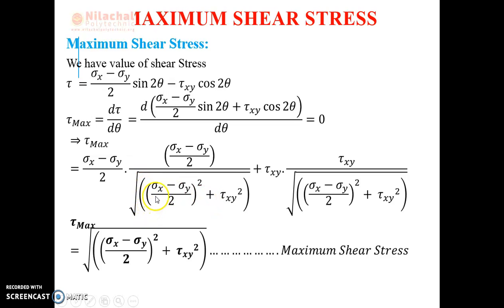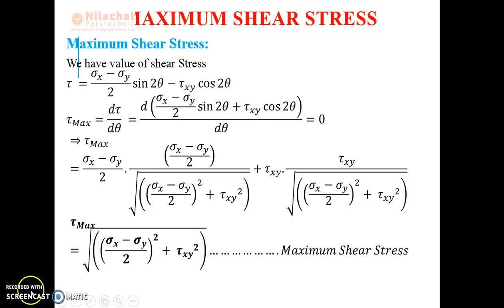Taking LCM, it is (sigma x minus sigma y) whole square plus tau xy square. So the 2 will be cancelled out and the remaining tau max formula will be square root of ((sigma x minus sigma y) by 2) whole square plus tau xy square.